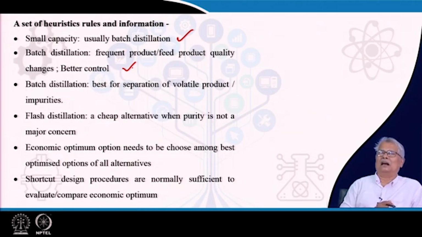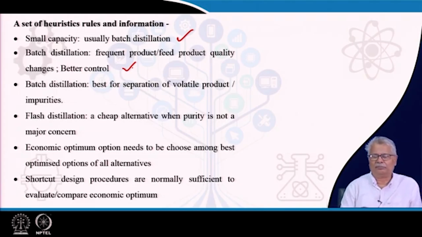be using either as a single stage batch still or maybe one with multiple stages, but it will be effective in separating when the volatilities are substantially different, and they are quite effective when you have to separate the contaminants or the impurities.